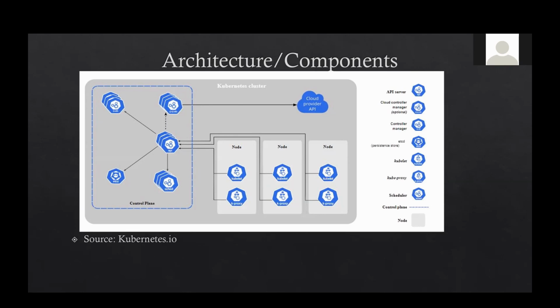Now Kubernetes has two places where work happens: a control plane and a data plane. The control plane is where your core components reside. All of these are core components, but the most important component is the persistent store, etcd.